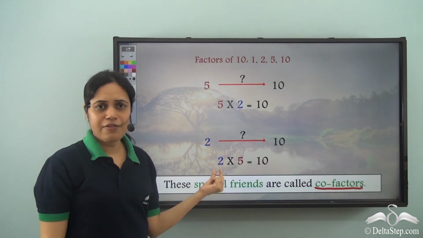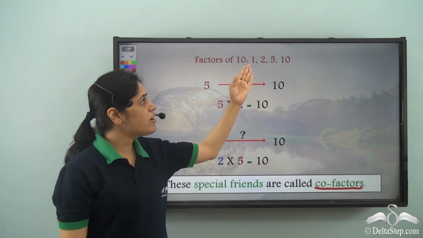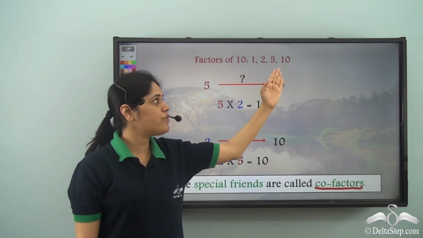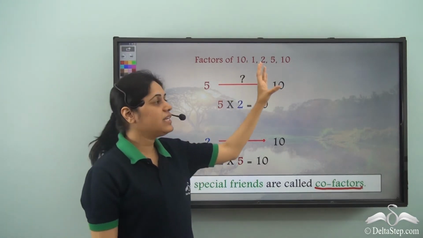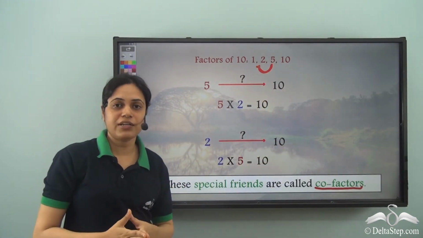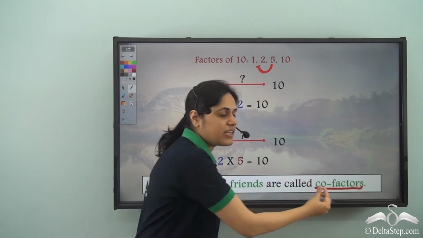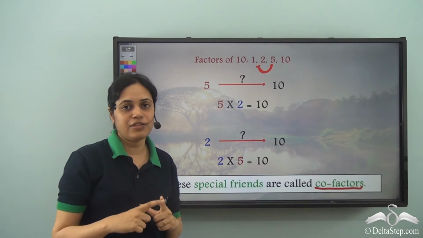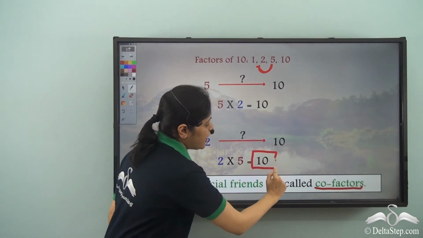So we know that they are factors. 2 and 5 are factors of 10, but so are 1 and 10. So 1, 2, 5 and 10 all are factors. But among these factors, 2 and 5 are called cofactors. What do we mean by cofactors? So cofactors, co means together. So they come together to give me 10.